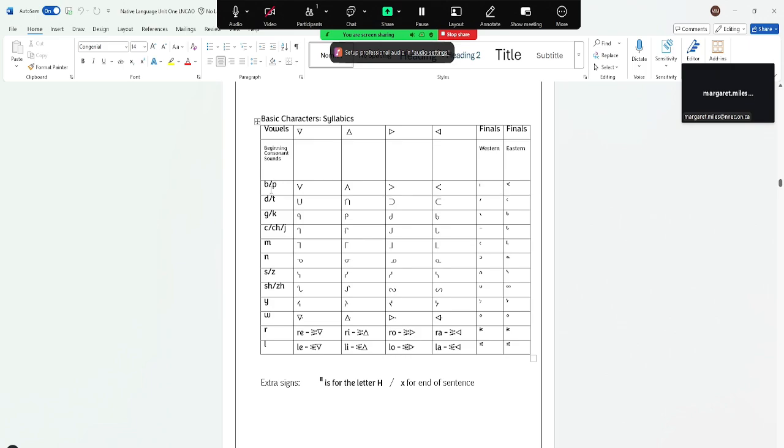You could see B and P. So B and P sound. Second one, letter D and T. And the sounds there are D, T, G and K, G sound, and K. And the next one in the bottom, Ch sound. So K, Ch, J.